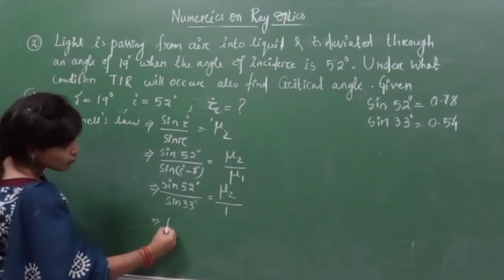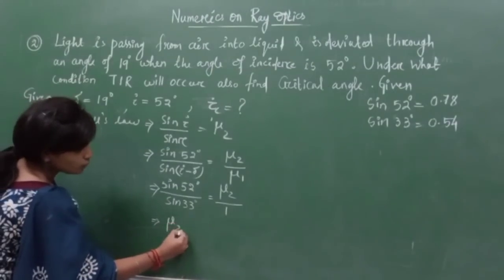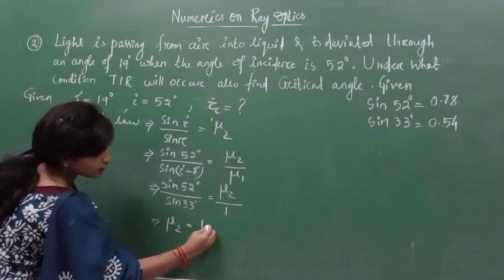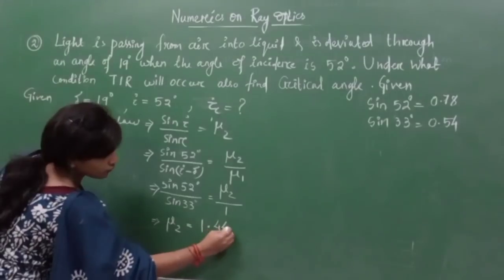Substituting all the values, the mu of the liquid will be 1.44.